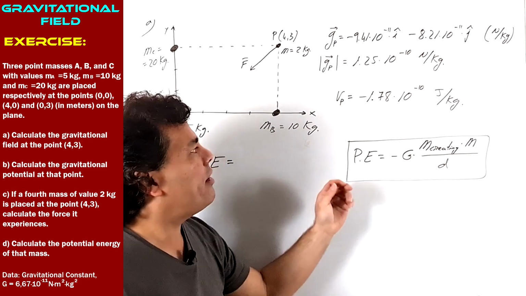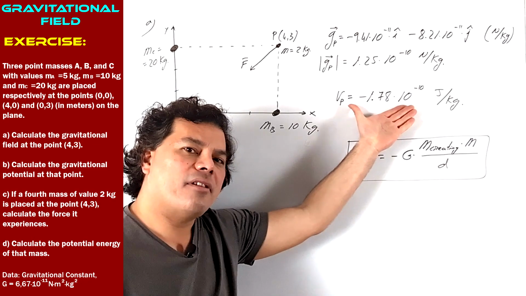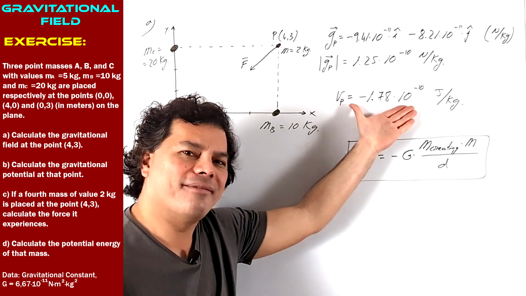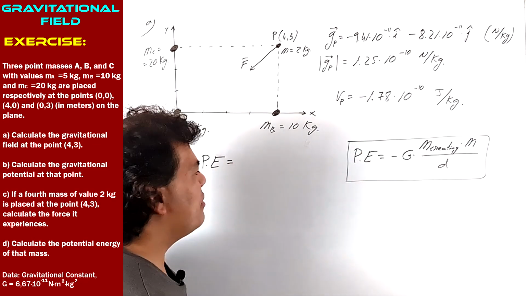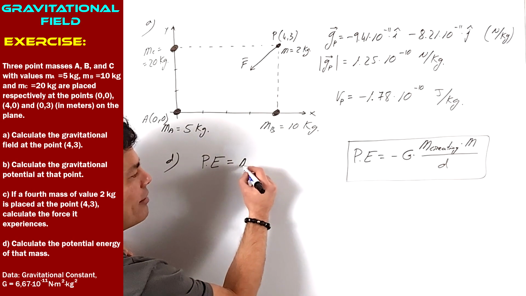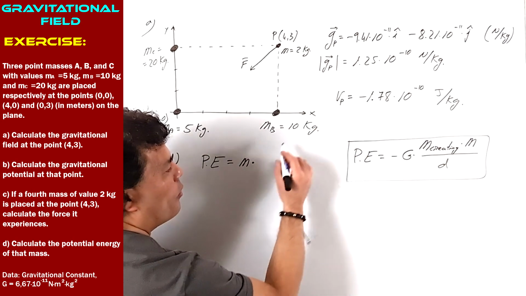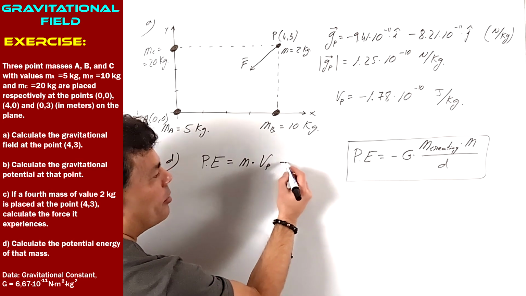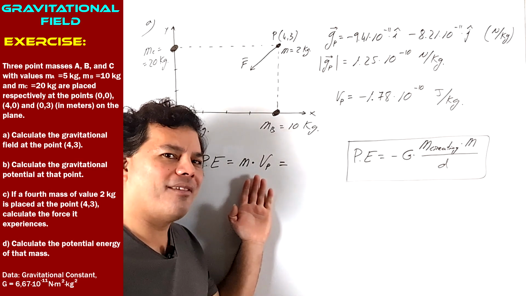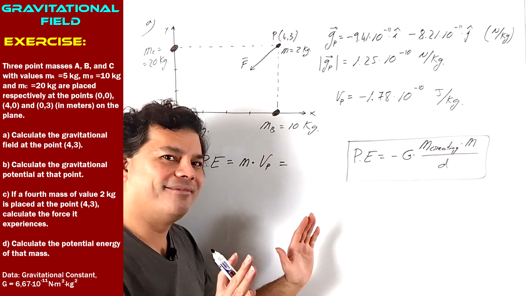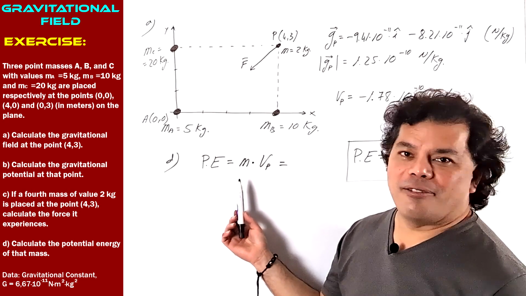But as we have already calculated the gravitational potential at point P, we can proceed this way. Just multiply the testing mass with the gravitational potential at that point. And that's it. Again, don't forget what I'm telling you.